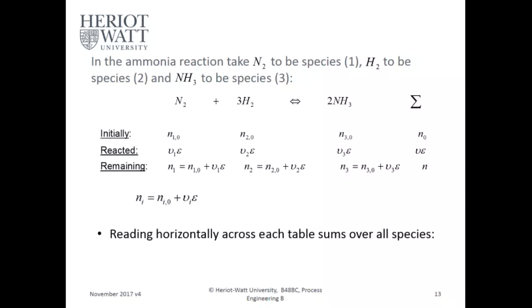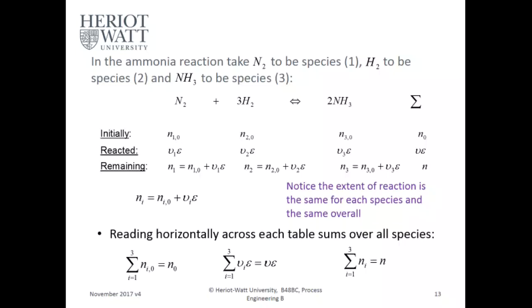Reading horizontally across each table sums over all species. The sigma over the 3 species: Ni0 equals N0. For the three species, Vi epsilon equals V epsilon, and for the three species Ni equals N, the total number of moles.